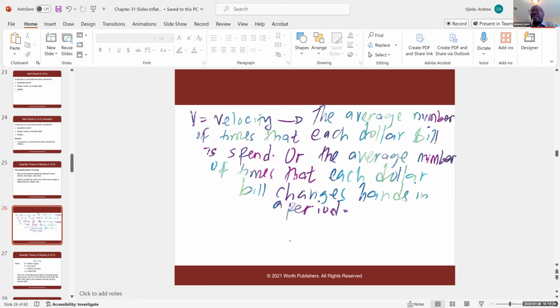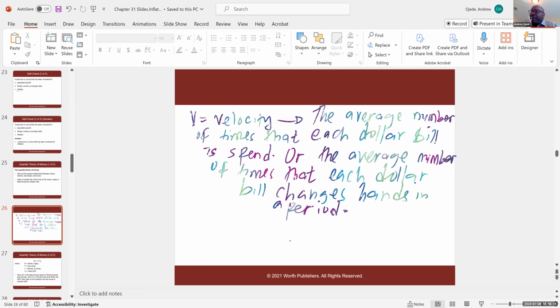The employee goes and spends it in Target. So that same dollar bill can travel around multiple times. If that dollar bill changes hands 100 times in a year, then we say the velocity of money is 100. That means the dollar bill has changed hands 100 times.